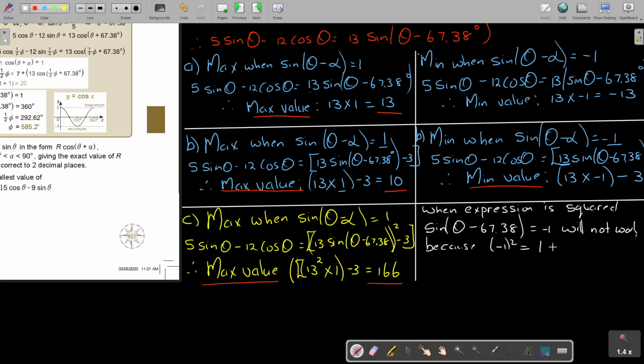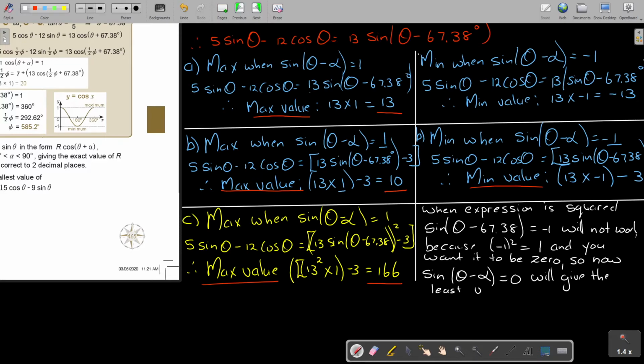And you want it to be 0. So now sin theta minus the alpha must be 0, will give the least value.